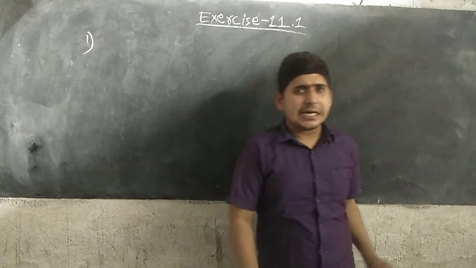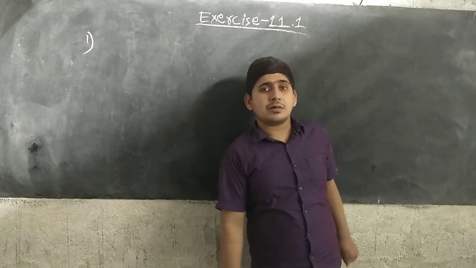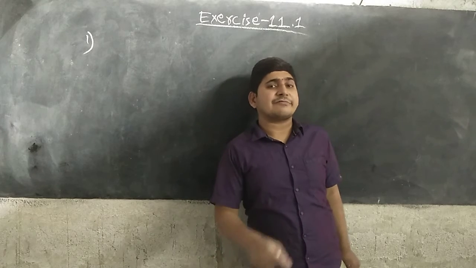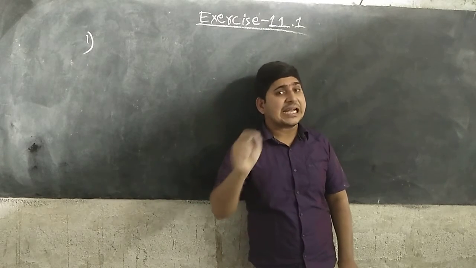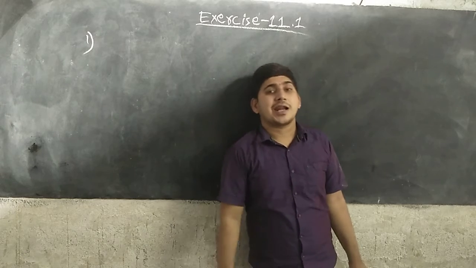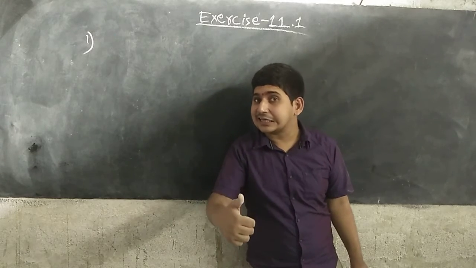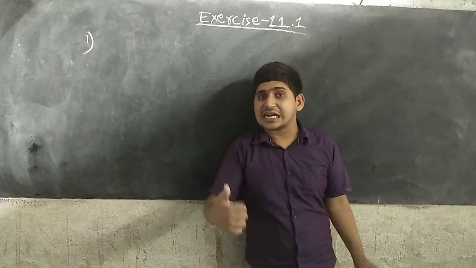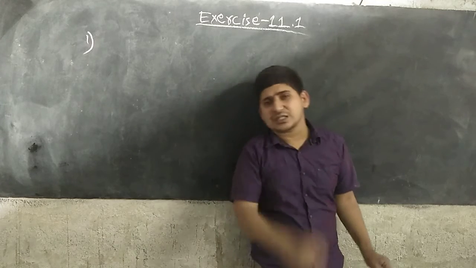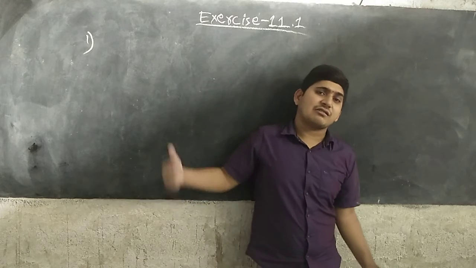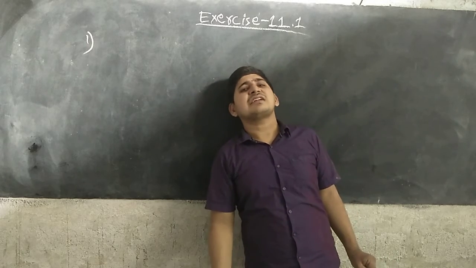See, in this problem the right angle is not given, and he gave one hint: find the values of sin A, cos A, and tan A. It means the angle A is not a right angle in triangle ABC. So we can draw a triangle with angle A equal to theta.